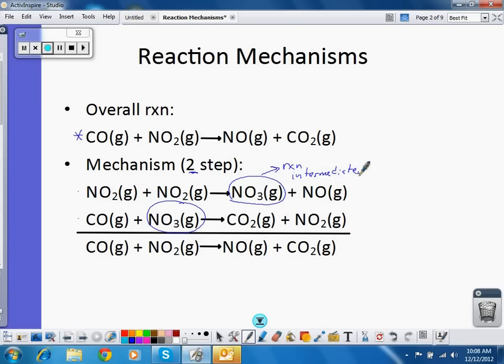So when I look at the stoichiometry, what has to happen in my mechanism is that any reaction intermediates must end up being used up by the time I get to the last step of the reaction, so that the overall reaction matches the one I observe in the lab.